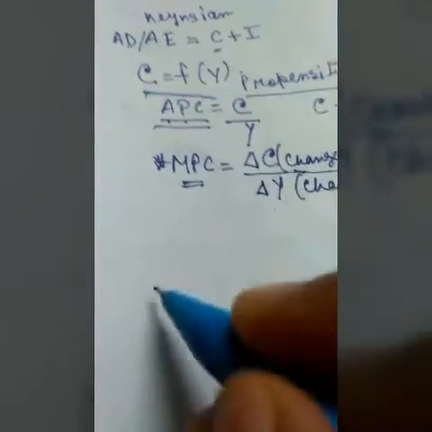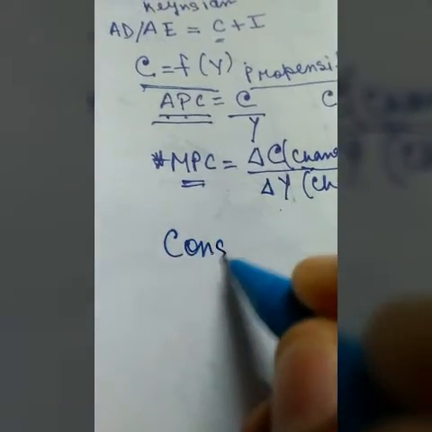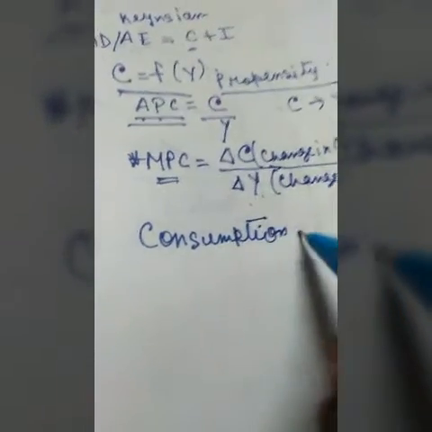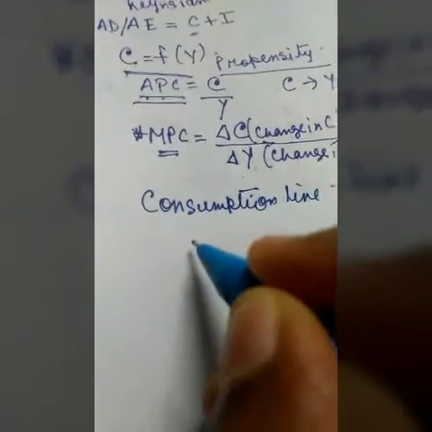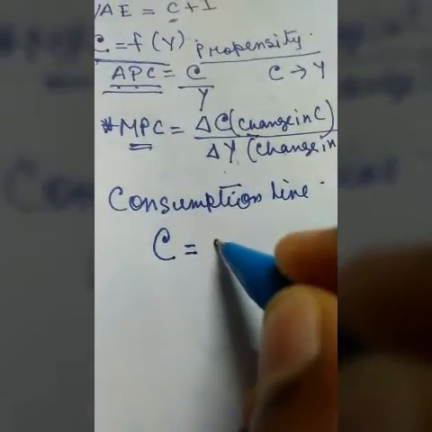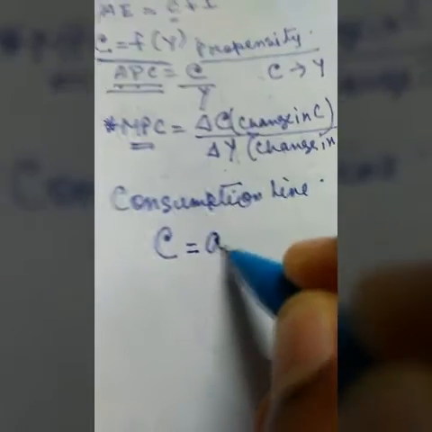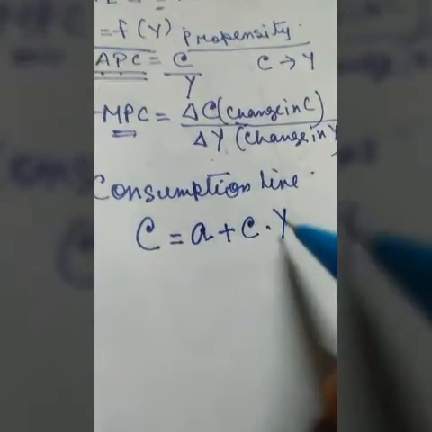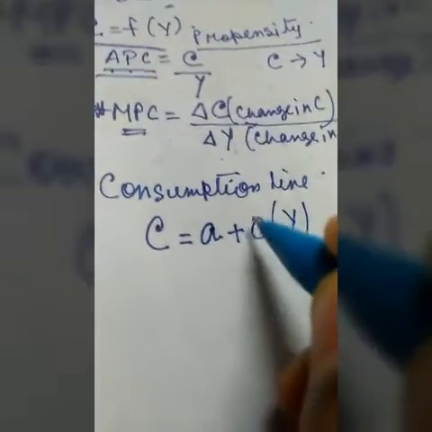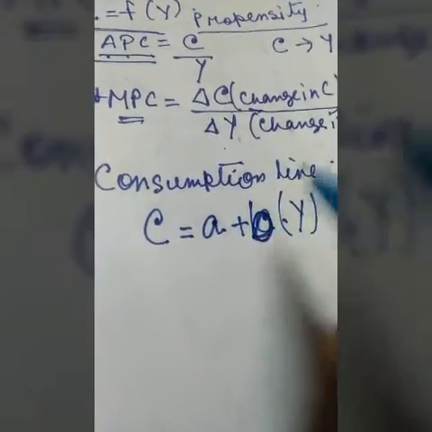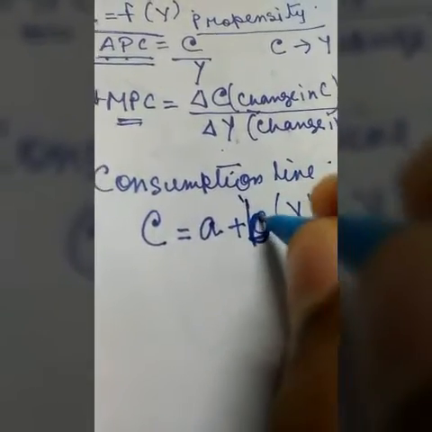So these two are very important, but this one is very important. Why? Because to find out the consumption line, which is normally a linear line. Now what is the consumption line? It's a linear line. How to find it out? C, the consumption line, is equal to A plus small c times Y, or you can take it as B also. You can call it B also.